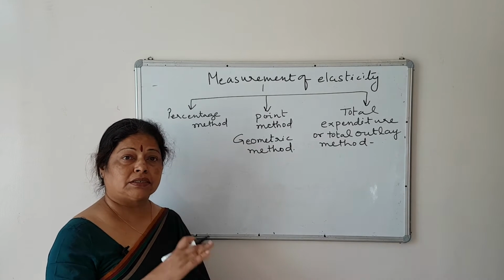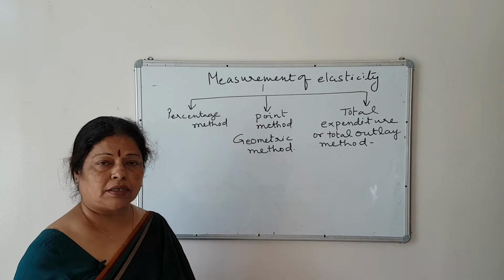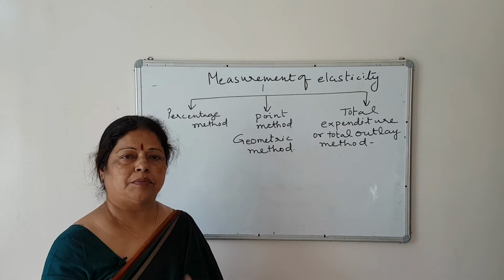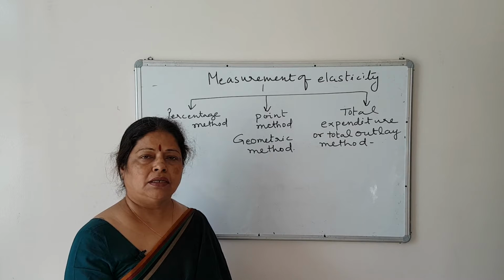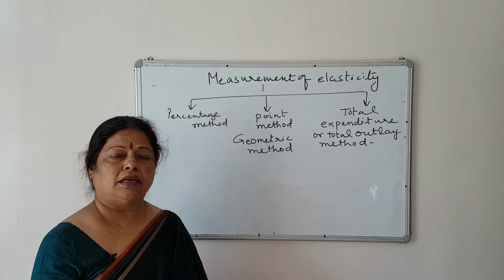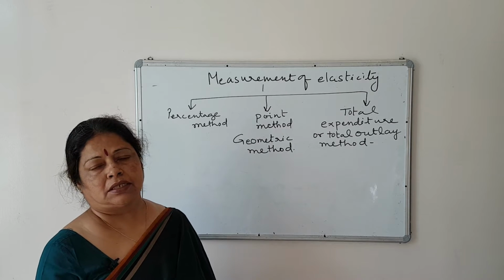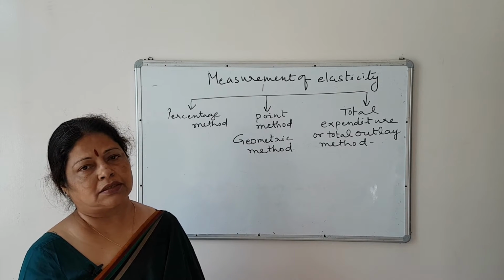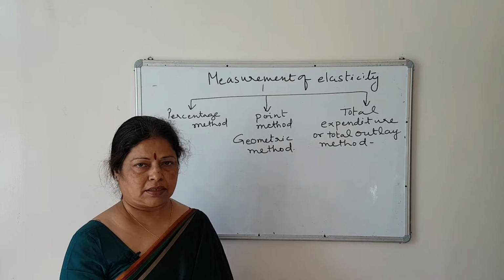If the percentage change in quantity demanded is less than the percentage change in price, you can say the elasticity is less elastic. And if the ratio is equal to 1, then you can say elasticity is unitary elastic.